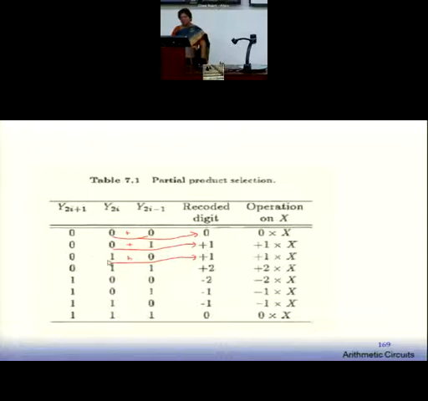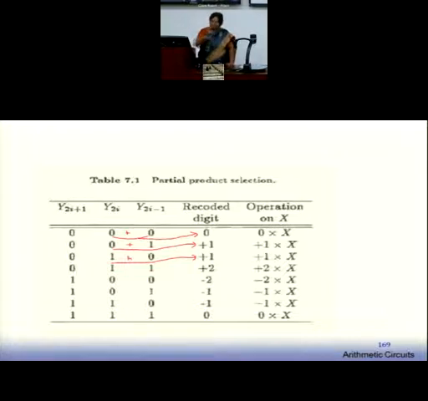Similarly, for 0, 1 combination, you can have either 0 or 1. So recode 0, 1 as, can you see? 2 bits converted into 1 bit. So if you are 8-bit multiplier, it will be reduced to only 4-bit multiplier. So 4 PP rows only.